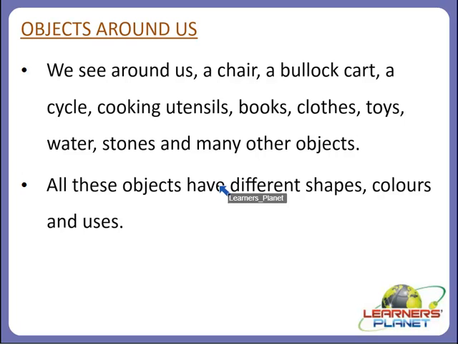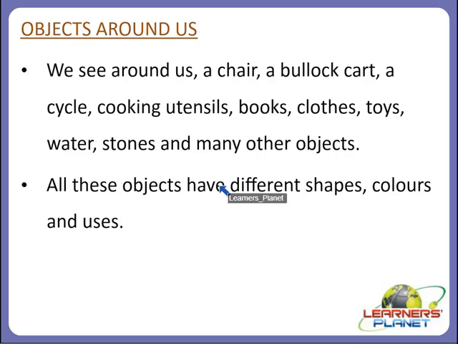Let us say we wish to make a group of objects that are made of plastic. So what are the objects which are made up of plastic? Yes, there are buckets, lunch boxes, toys, water containers, pipes, etc. There are so many ways to group objects. Many such objects can be grouped on the basis of their shape or the materials they are made up of. All objects around us are made up of one or more materials.